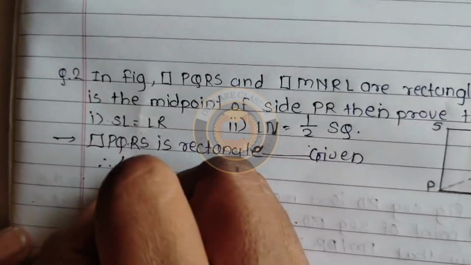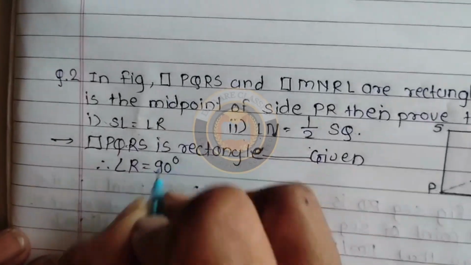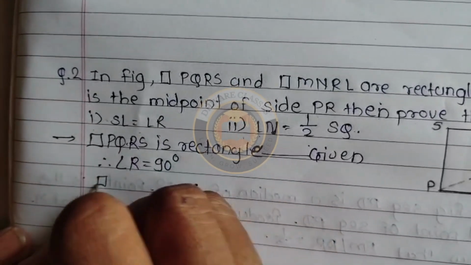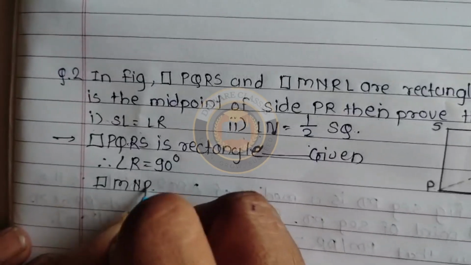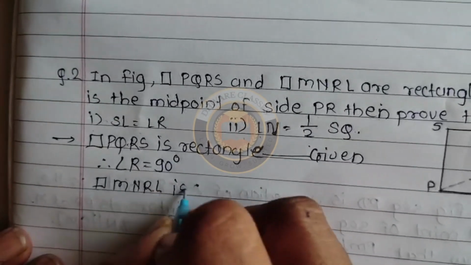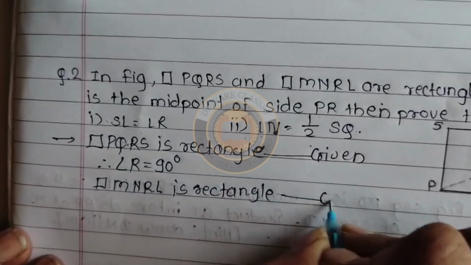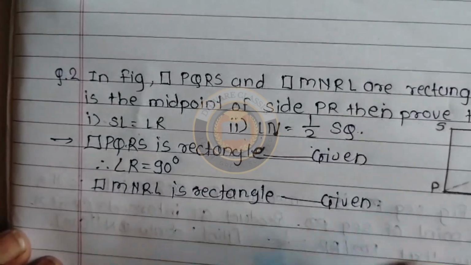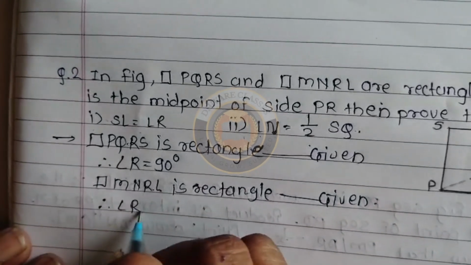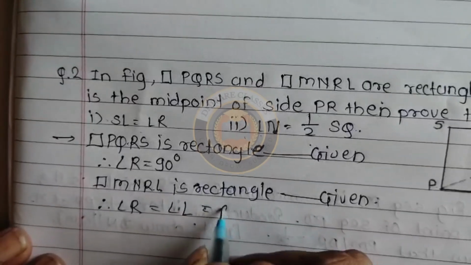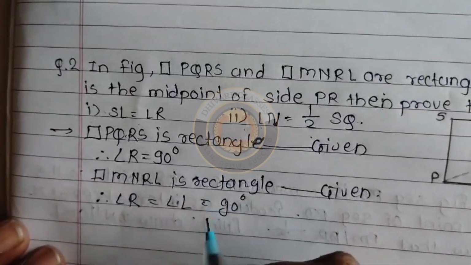Therefore angle R is equal to 90 degrees. The quadrilateral MNRL is rectangle, हे पण गिवन आहे. ओके, therefore angle R is equal to angle L, दोघं पण 90 डिग्रीचे आहेत.